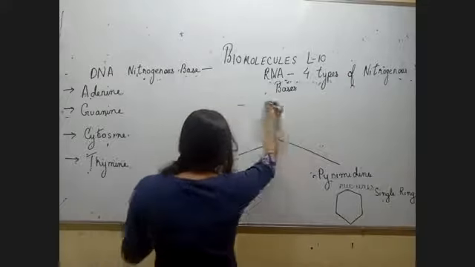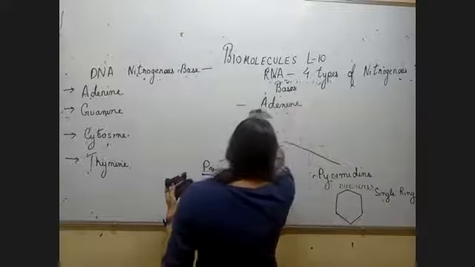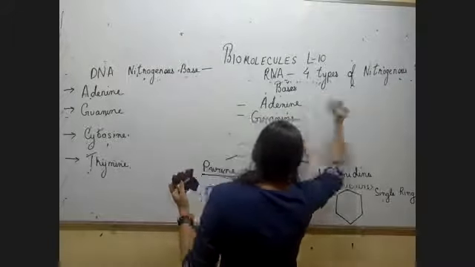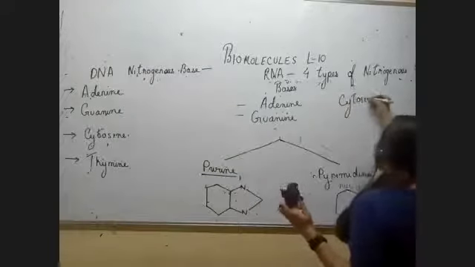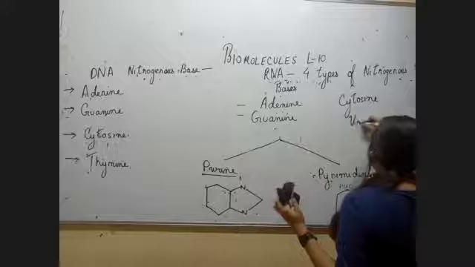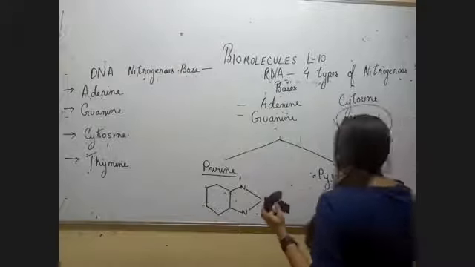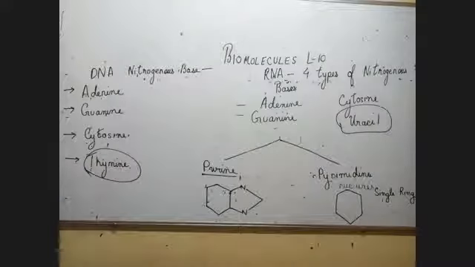They are adenine, guanine, cytosine, and uracil. So see, where is the difference? Uracil is present in case of RNA, and in case of DNA, thymine is present. So this is a very important difference.